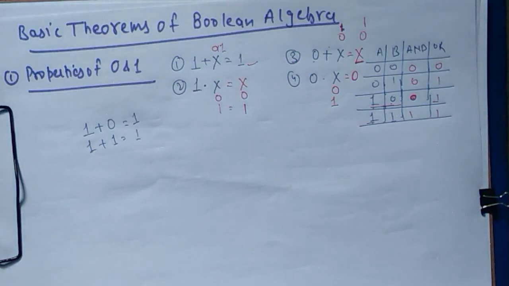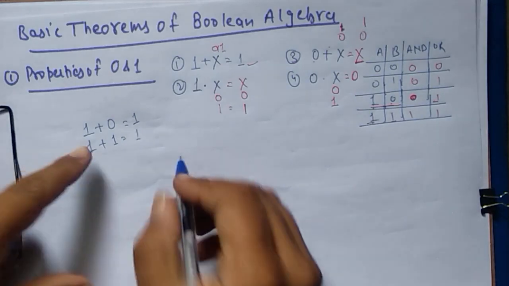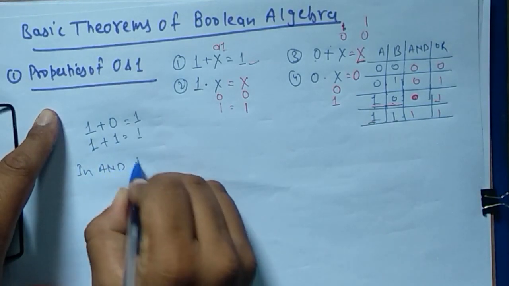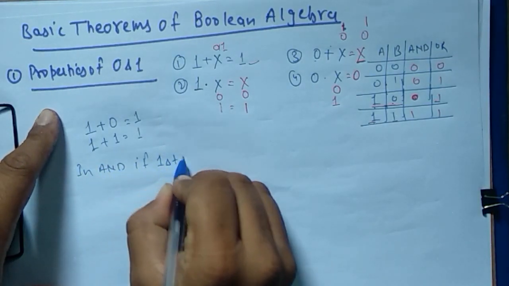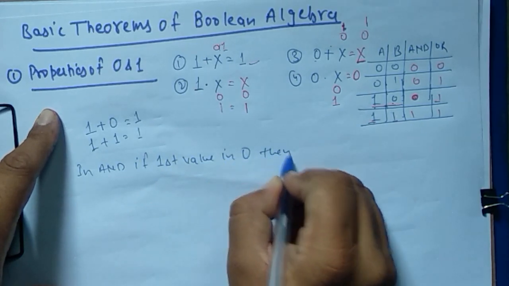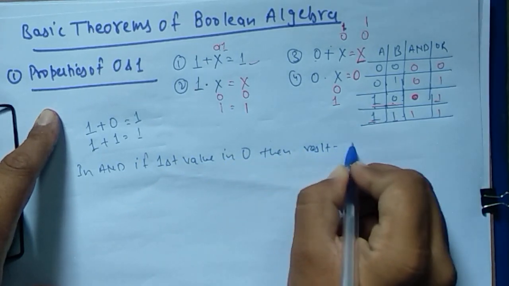So I will quickly revise the properties of 0 and 1. In the AND operation, if the first value is 0, then the result will be 0.